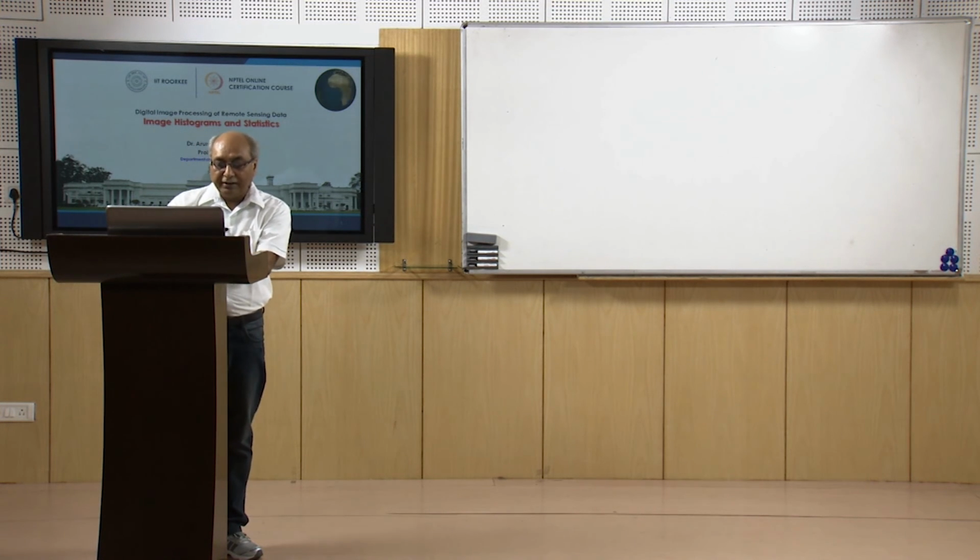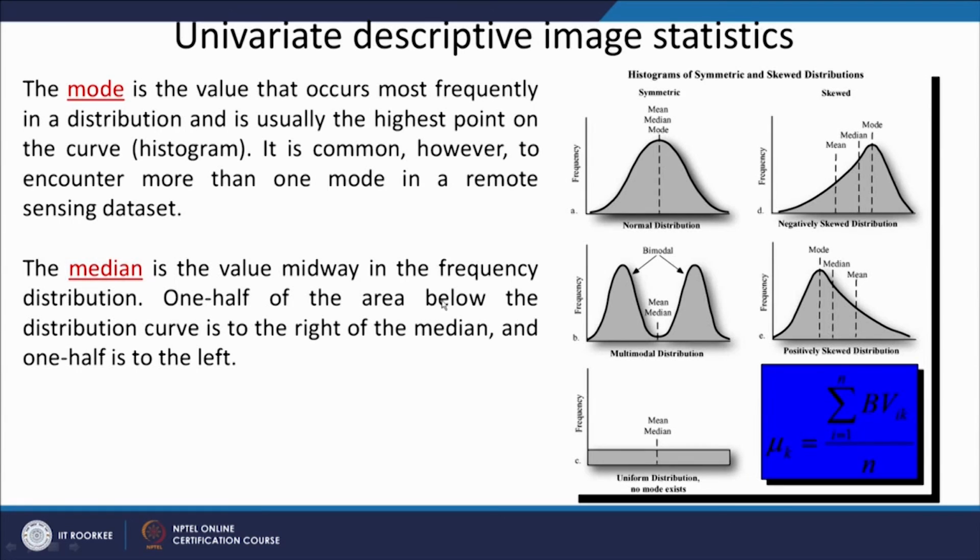Second is the median, the value midway in the frequency distribution. In the case of a normal distribution, the midway value is the same as the mean and mode, but in the case of a negatively skewed distribution, the median would be somewhere here. One half of the area below the distribution curve is to the right of the median and one half is on the left.